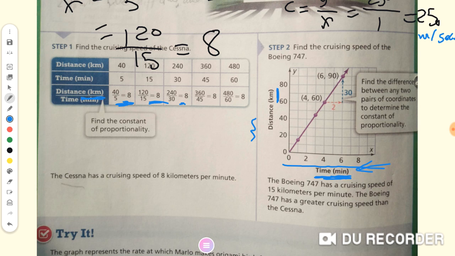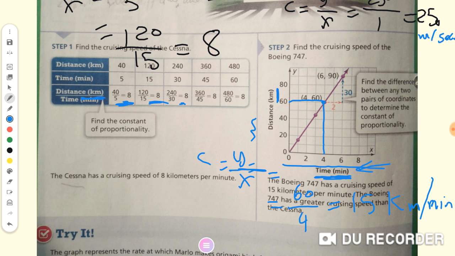Let's now calculate the amount here. We can take any point, like this one. The constant equals y over x, where y here is 60 and x here is 4. 60 divided by 4 is 15 kilometers per minute.